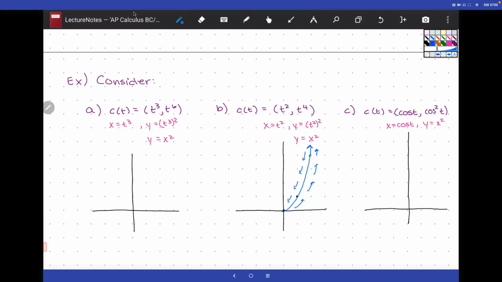Why? Cosine only goes between -1 and 1. And therefore, y will only go between 0 and 1. If x is only going to be between -1 and 1, but y is x squared, it's only going to be positive.